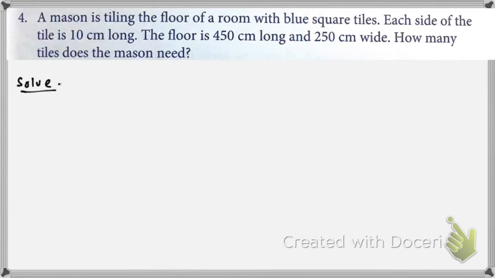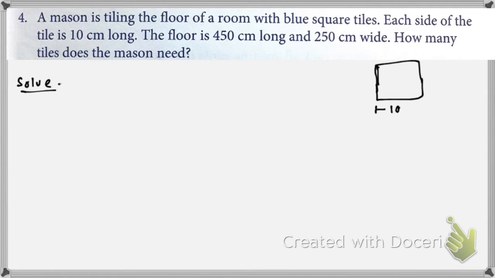Okay, so let's solve question number 4. Question number 4 says a mason, a mistri, is tiling the floor of a room with blue square tiles. He is covering the floor with tiles, and that tile is a square tile and a blue tile. Each side of the tile is 10 centimeter long.